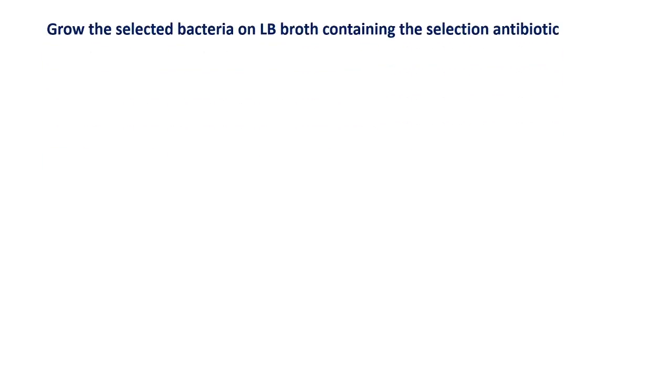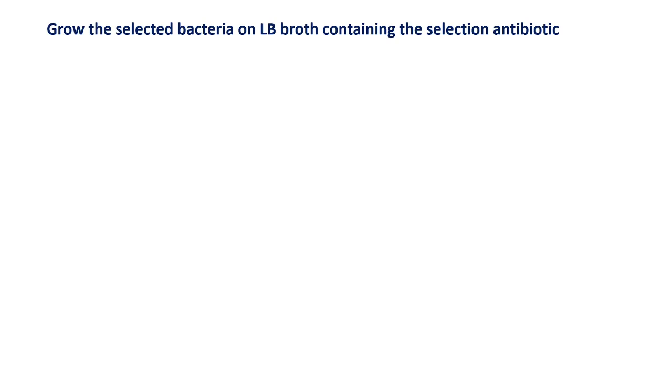What is the first step for isolation of plasmid from bacteria? The first step is to grow the bacteria in LB broth containing the selection antibiotic. Usually, the plasmids have some antibiotic resistance genes in them.